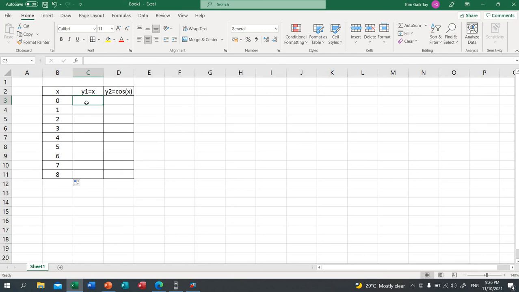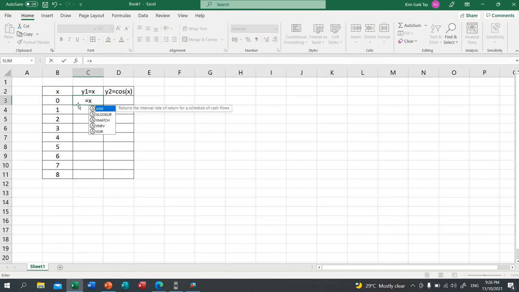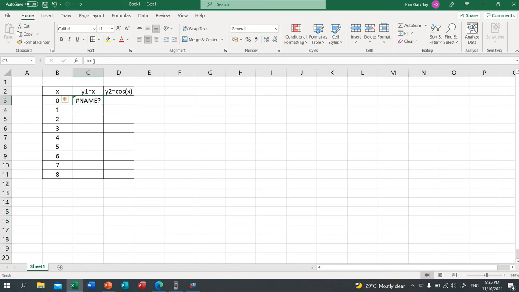And then I want to key in the formula in Excel, equal. Of course you cannot key in X, huh? It will give you an error, not name. But don't worry, X is stored here, cell B3. So click B3. Okay, you get here, and then again to copy it down, just drag.